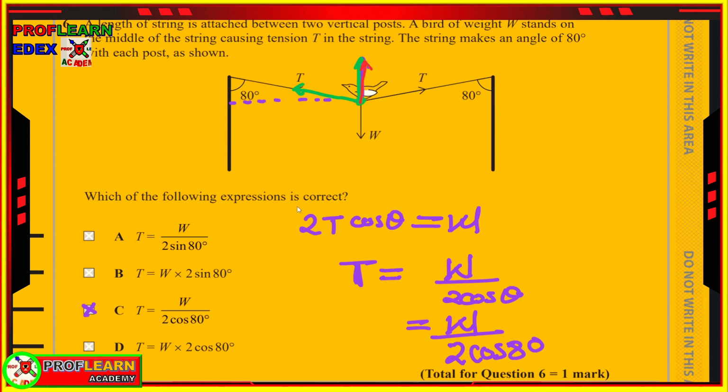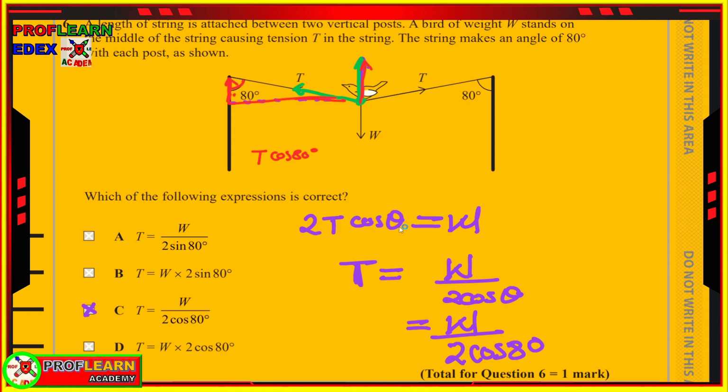Because this is tension, we need the vertical component of that tension force, and this angle here is 80 degrees. This side is adjacent to the hypotenuse T. Then the vertical component is going to be T cos 80 degrees. But since there are two of them, there is another one here.